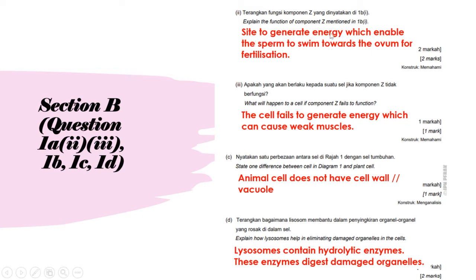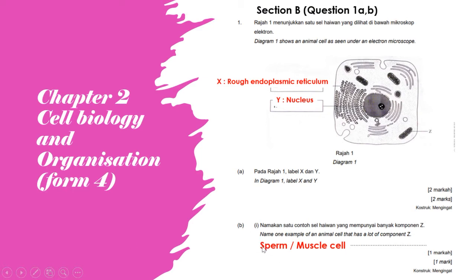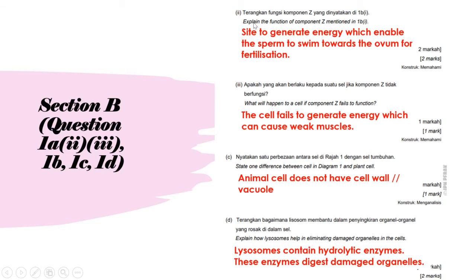Because there are two marks here, you have to mention the function and explain it. For example, if you wrote sperm cell just now, in B2 you have to explain the function of the mitochondria in the sperm.